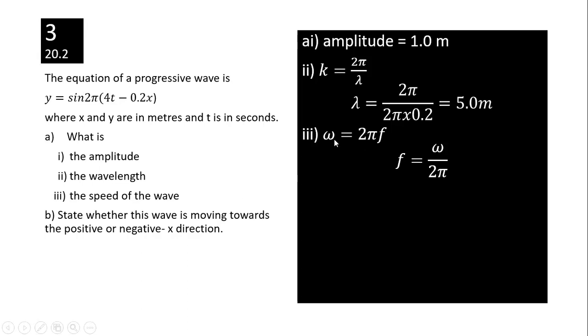So 2 pi, take it down, you get your f. 2 pi times 4 divided by this 2 pi. 2 pi and 2 pi cancel, it is 4 hertz. So how to find the speed? Yep, how to find the speed?